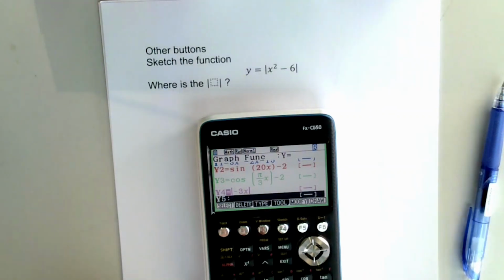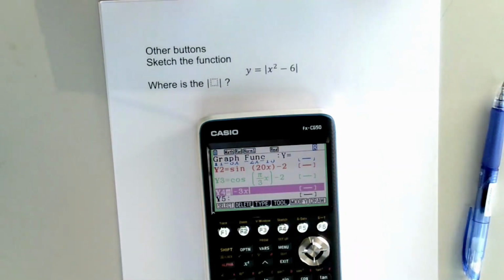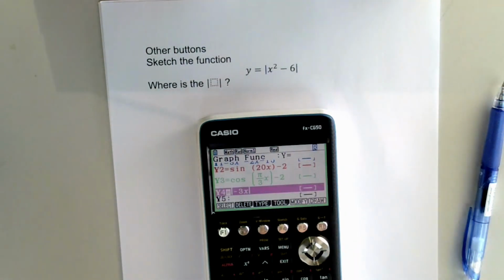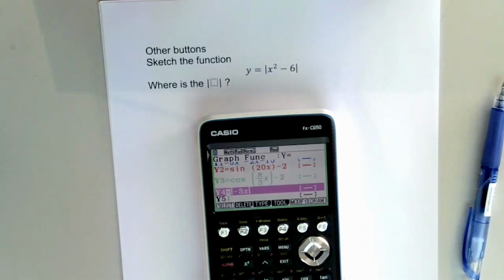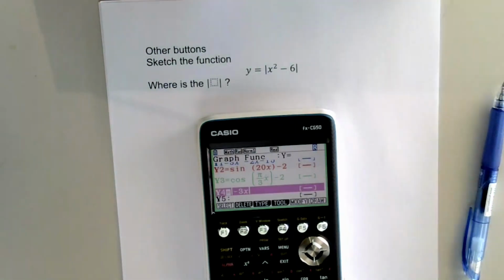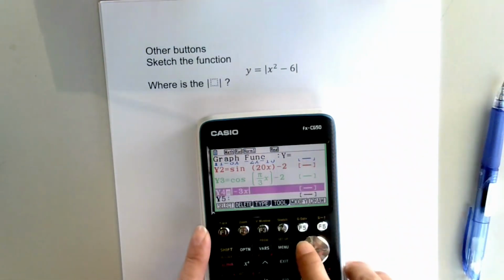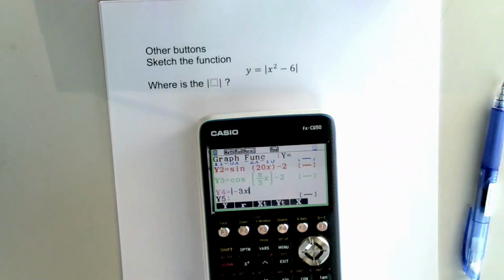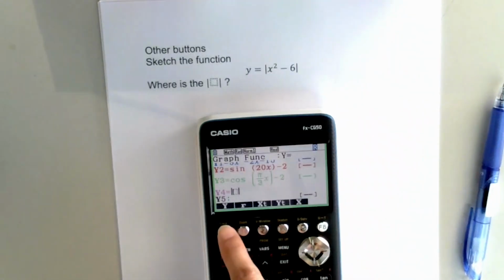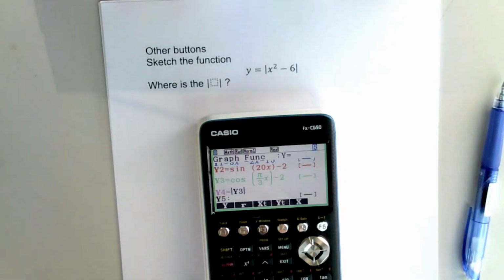Or if you're being naughty and say that actually, I got a function here, entered already, and I want to absolute that. What shall we do? Actually, instead of typing the whole thing again, you can press Y3.